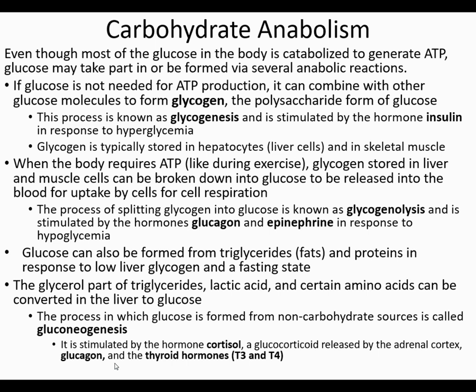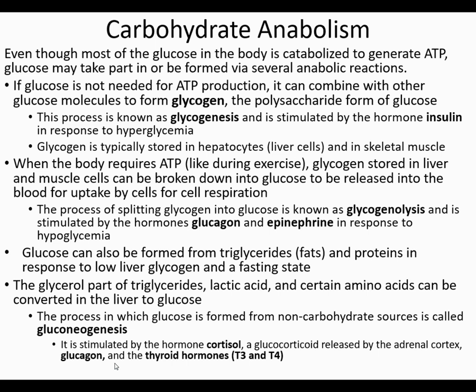Now, as I mentioned, when our body requires ATP, like during exercise, we can take that glycogen that's stored in our liver and in our skeletal muscle, and we can break it down into glucose, which then can be used to make ATP. And that process is called glycogenolysis, which also has the word glycogen in it, and lysis, which means to break it down.